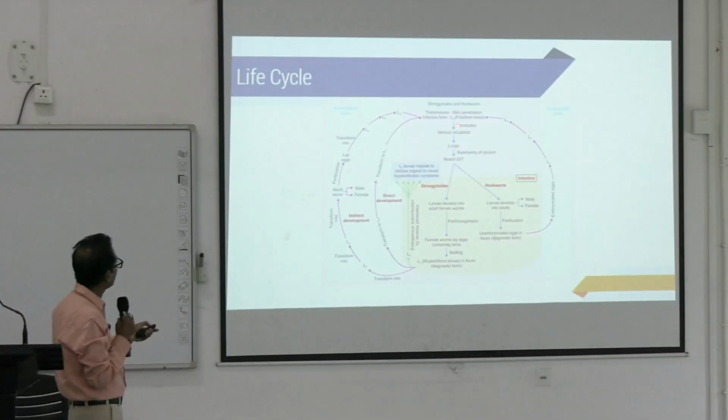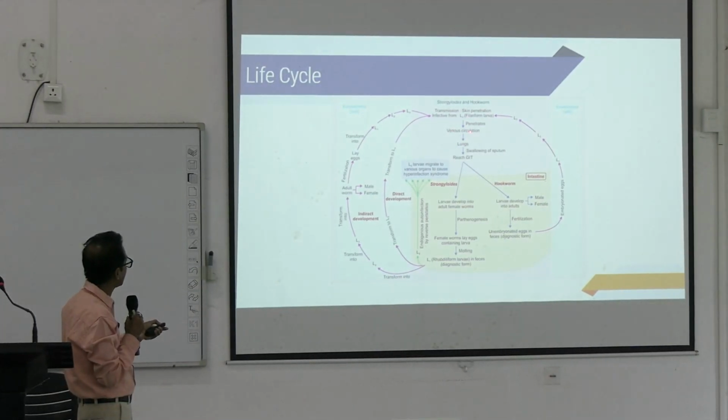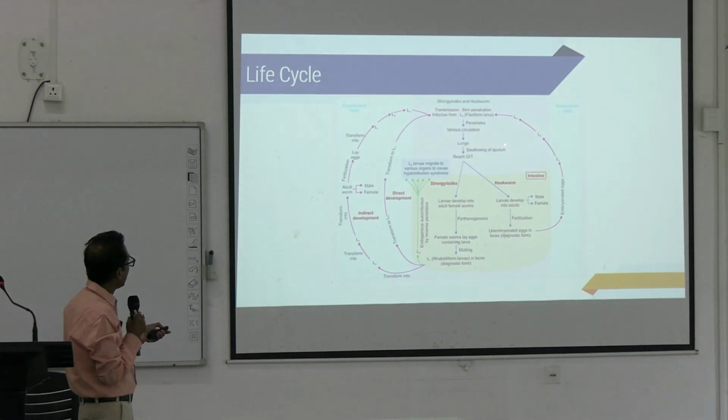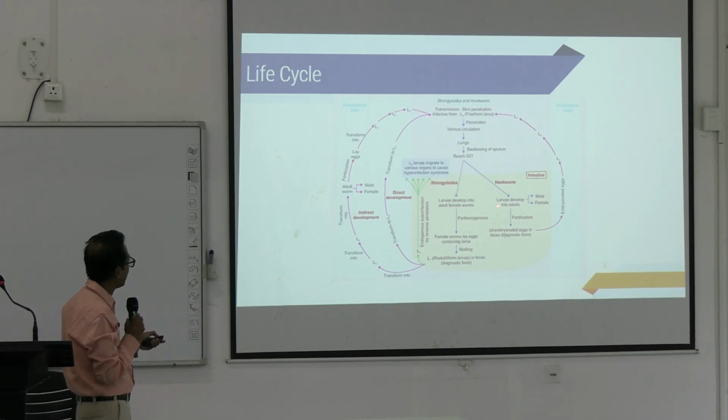By skin penetration the L3 filariform larva goes to venous circulation, through lungs, again swallowed in the sputum, reaches the GIT, and the larva develops into adult worms, male and female, fertilization occurs and unembryonated egg is the diagnostic form.